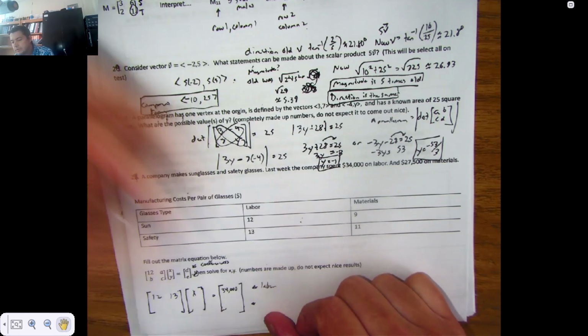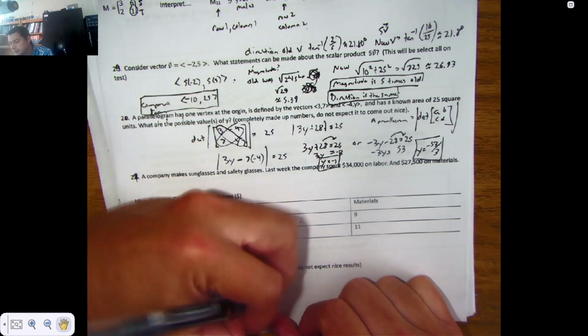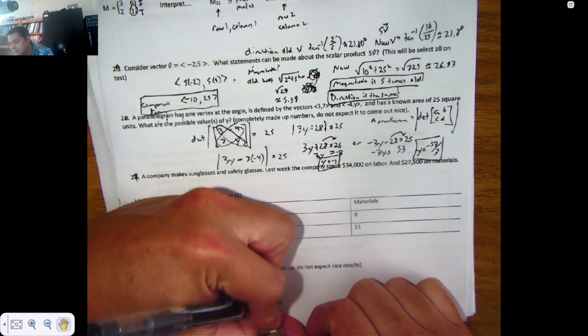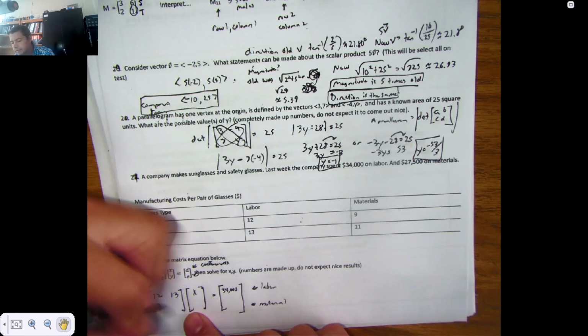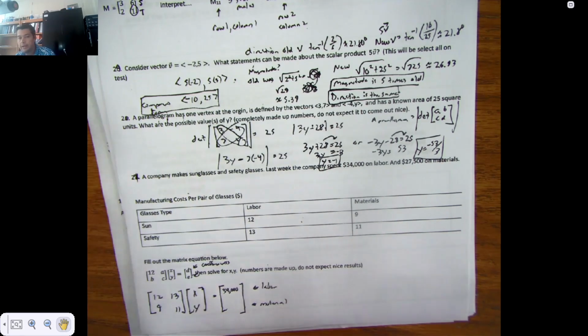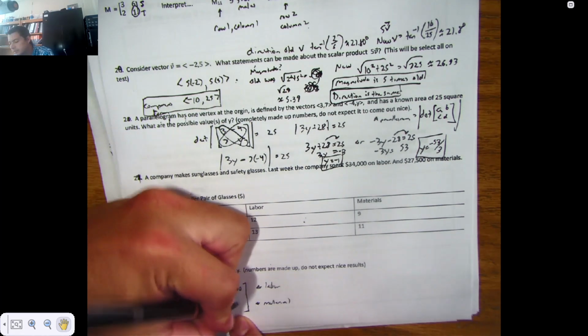And the next one is going to be about material. And I've got 9, I've got 11. y is something I have to solve, and I spent $27.5 on material.